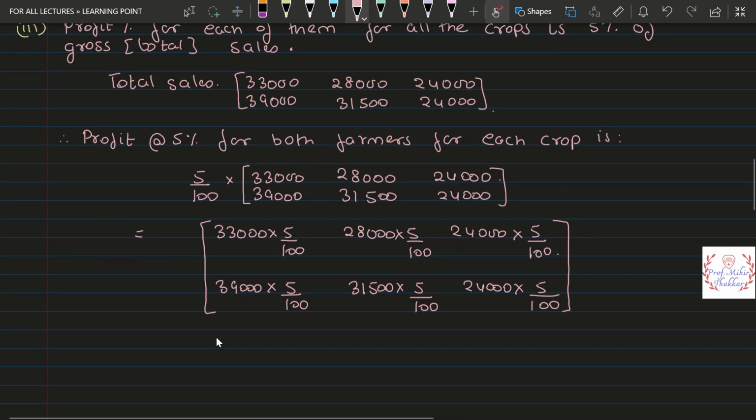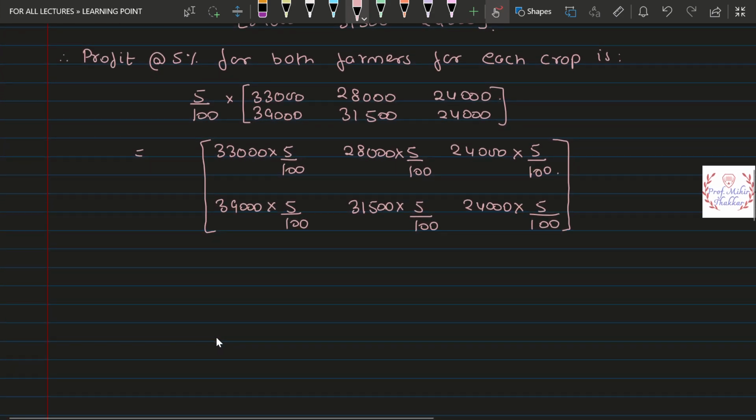So we will calculate this. So 5% of 33,000, if you simplify, then you will get the answer as 1650. 5% of 28,000 will be 1,400 and 5% of this is going to be 1,200, because if 10% is 2,400, obviously 5% has to be half of that.